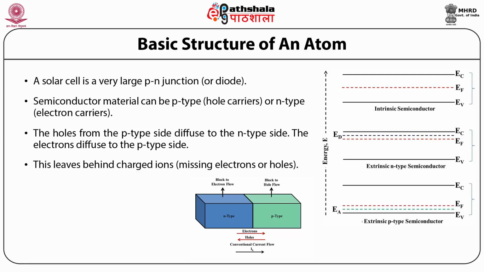So a short circuit current flows in the circuit when this illuminated PN junction diode is electrically shorted.